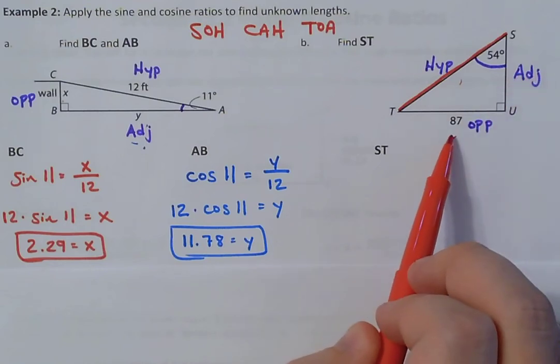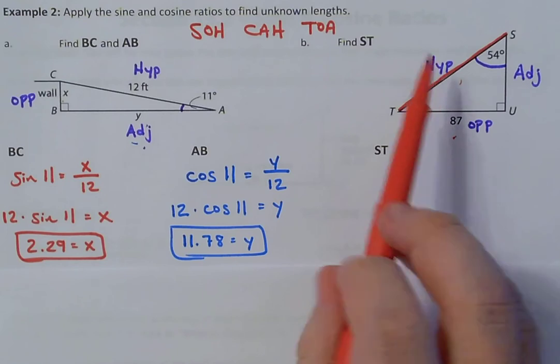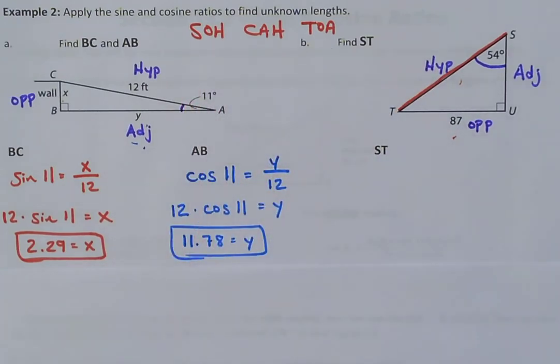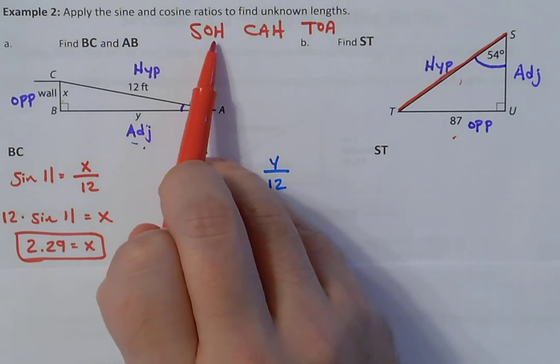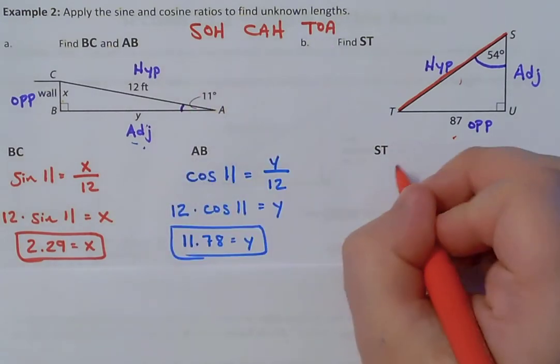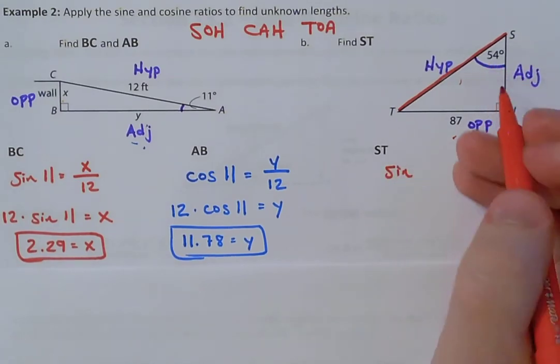I know the opposite, and we want to figure out the hypotenuse. So O and H, which one uses O and H? It's sine, because sine is opposite over hypotenuse. So we're going to do sine. They tell me my angle measure, so we're going to use 54.